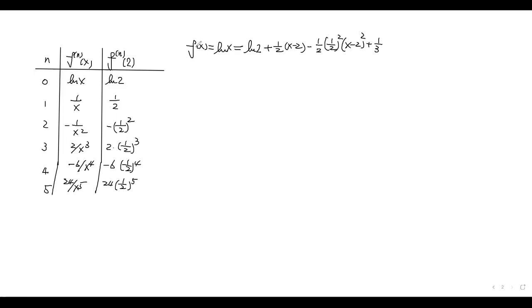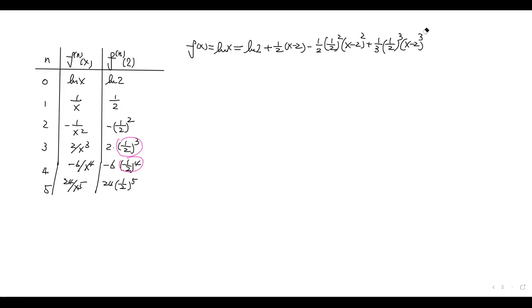Right now, we just have these extra constants here, right? So this is 1/3 times 1/2 to the third, then x minus 2 to the third. Then the next one is a minus, right?